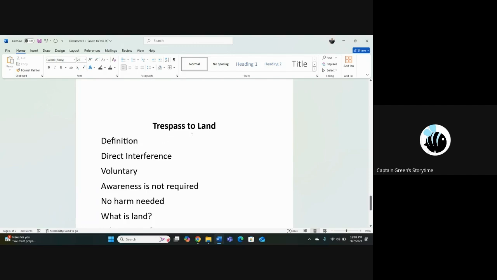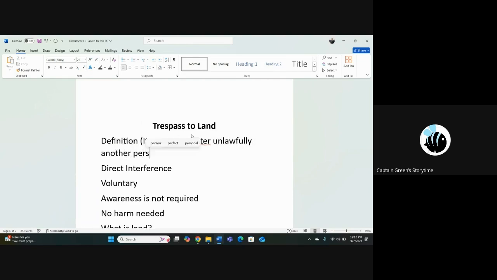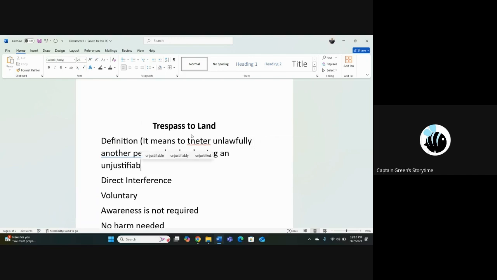Before starting a problem question, you must write the definition of trespass to land. As we already studied, it means to enter unlawfully onto another person's land or having an unjustifiable interference with possession of the land.